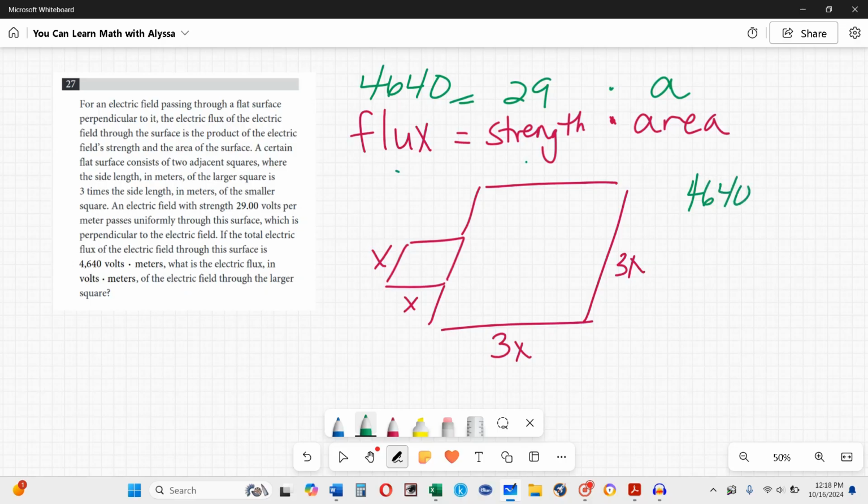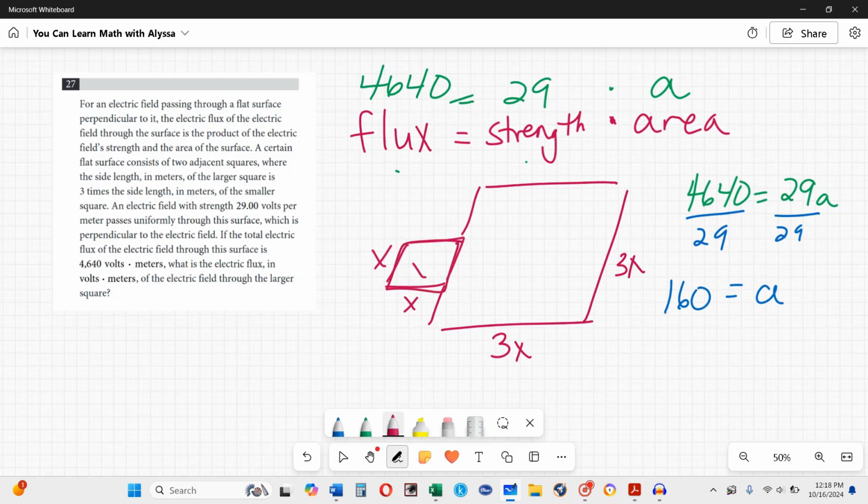So 4,640 equals 29 times the area. To undo what's been done, I need to divide both sides by 29. When I divide 4,640 by 29, I get 160. So if A is 160, that's my total area. What's the area of these two parts in terms of x?